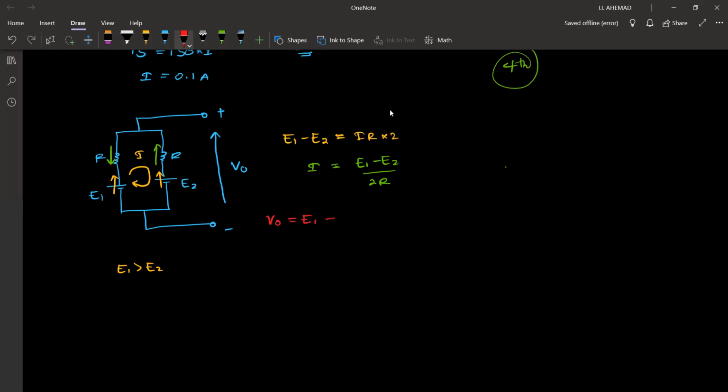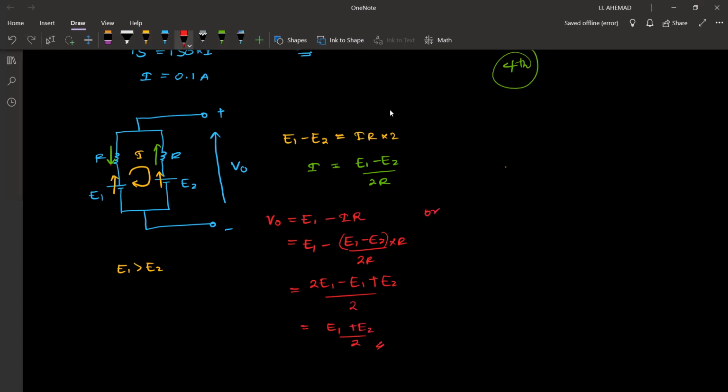It is minus I into R. So E1 minus E1 minus E2 over 2R into R. Simplify, then you have 2E1 minus E1 plus E2 over 2. So this is equal to E1 plus E2 by 2.